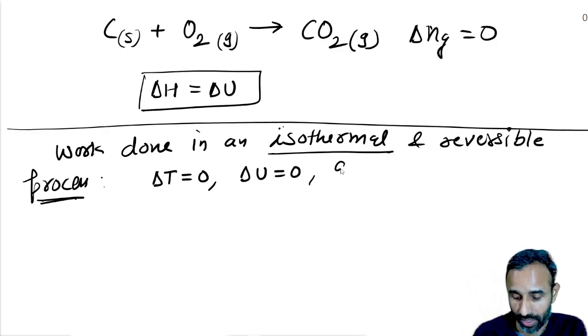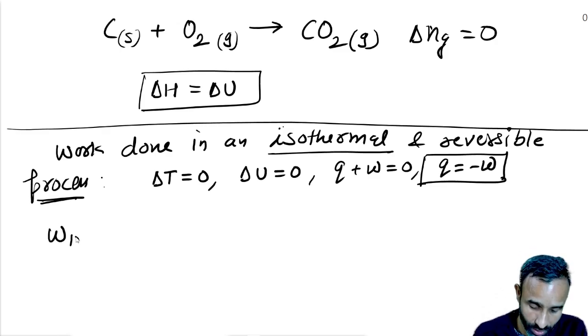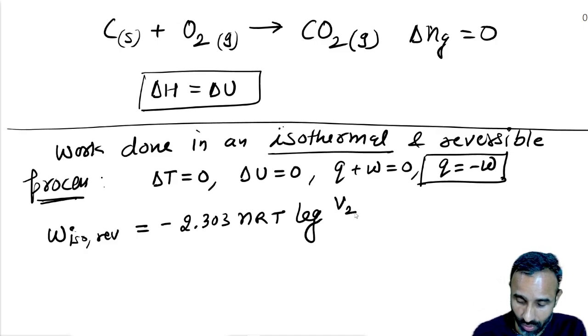So if delta U is 0, Q plus W is 0. That means Q is equal to minus W. And work done in an isothermal and reversible process is equal to minus 2.303 nRT log of V2 by V1.